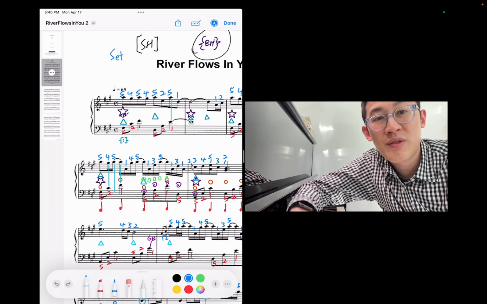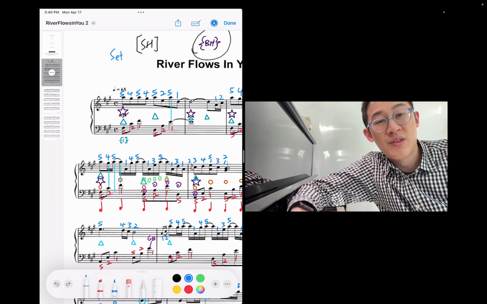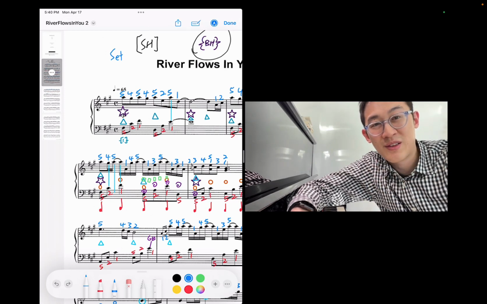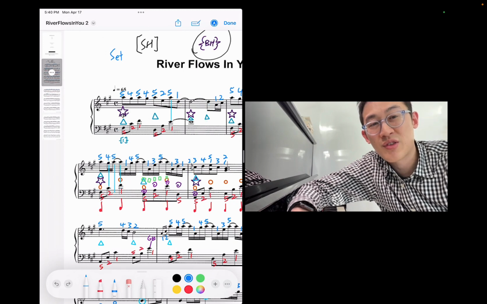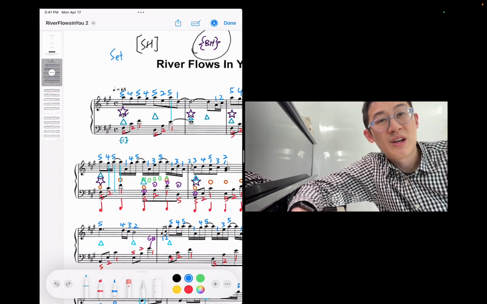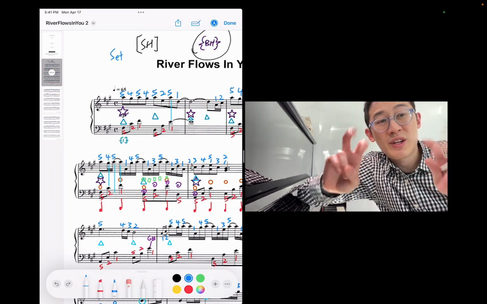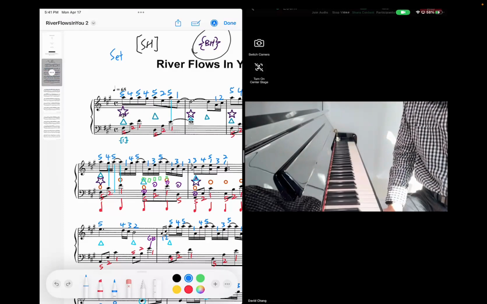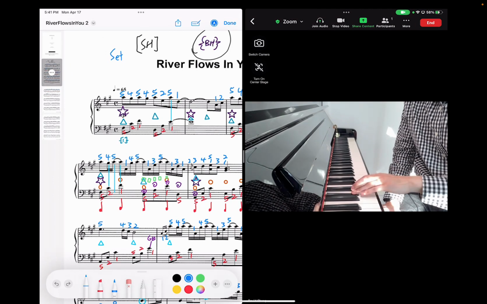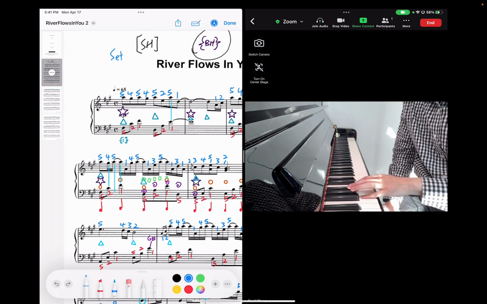So just some thoughts there. And then in terms of the actual notation itself, these shapes are not the actual notation. They are basically just nice little visual reminders. The actual solving of them, like if I actually play this part, for instance, right?